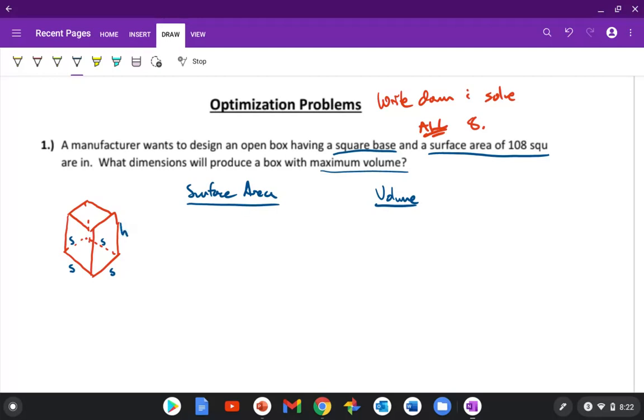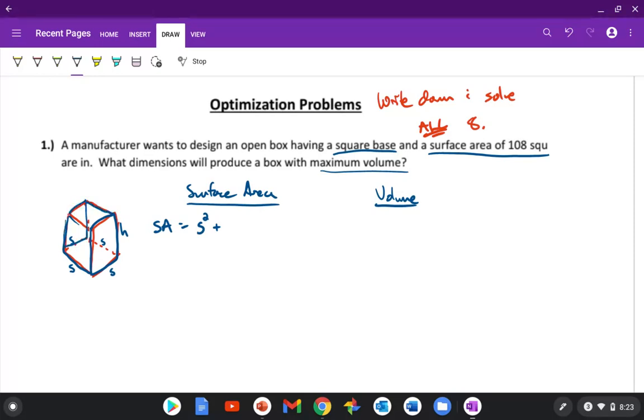And if we're talking about the surface area of this box, well, there's really 5 sides. We don't have a top, so we don't have to worry about the top side. But we've got this bottom. So the area of the bottom would be, well, length times width, so that's S times S, so that'd be S squared, for the bottom, plus now we've got 4 sides of this box, and each of these sides have an area of length times width, so S times H, and that's going to be the same for all 4 of these, because it's got a square base, so all of these sides have to be the same.